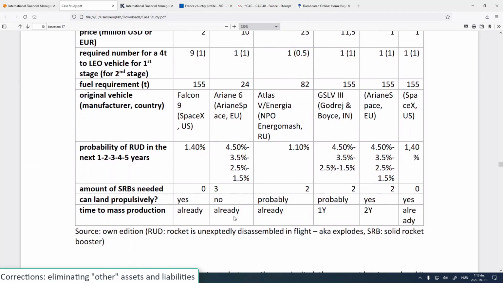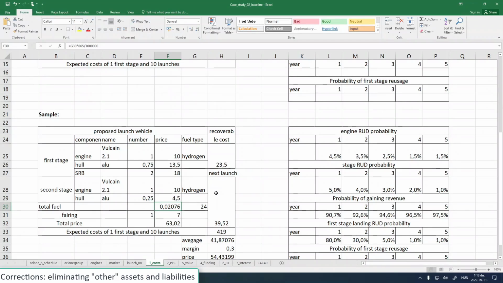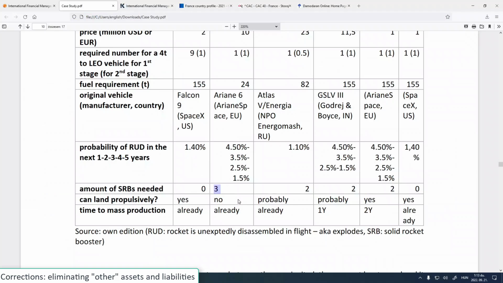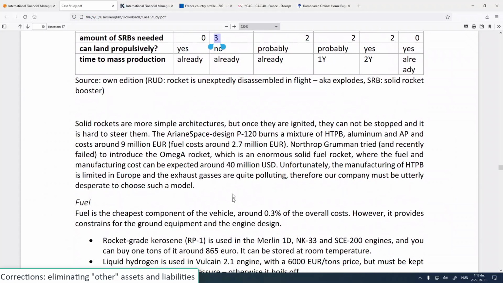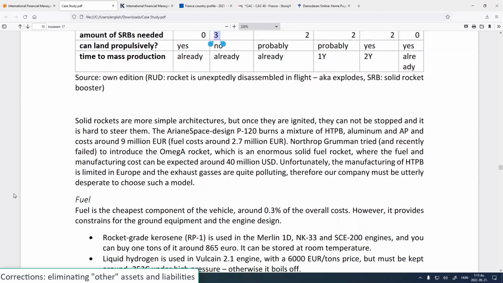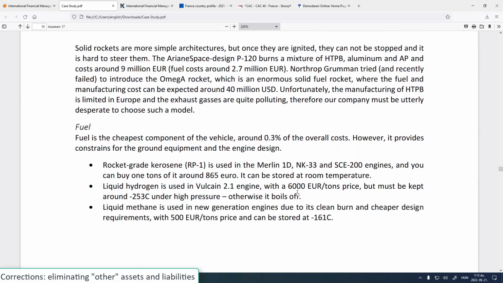And amount of solid rocket boosters, yes, it requires 3. Because in one setup they require 2, in the other setup they require 4, so on average it requires 3. How to solve engineering problems with ease. Okay, fuel. A lot.